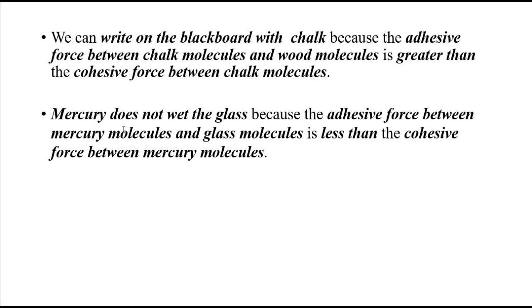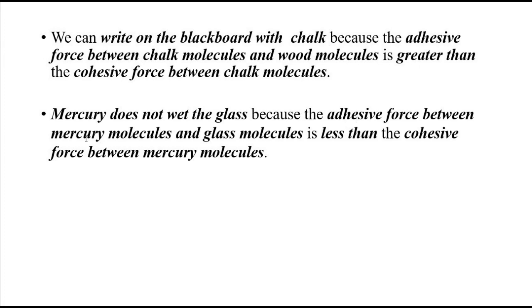Another example is that mercury is not able to wet the glass in the same way water does. This is because the adhesive force between the mercury molecules and glass molecules is less than the cohesive force between the mercury molecules.